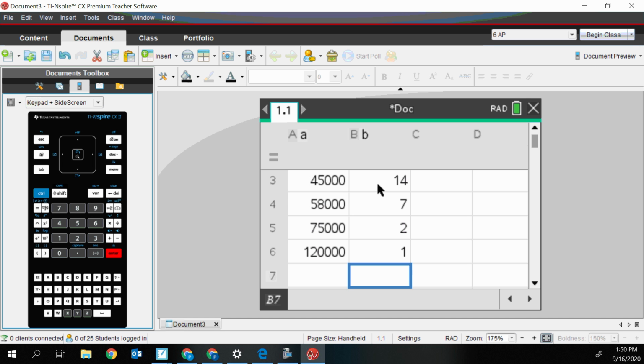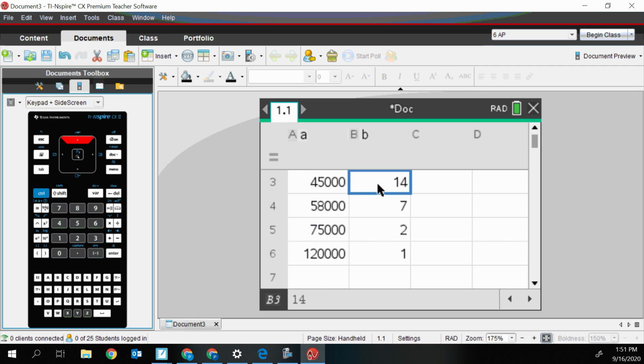After you've typed them in, it's always beneficial to double check, make sure you typed it in correctly, because one slight error will throw off all your numbers.